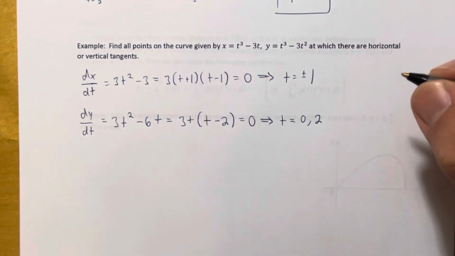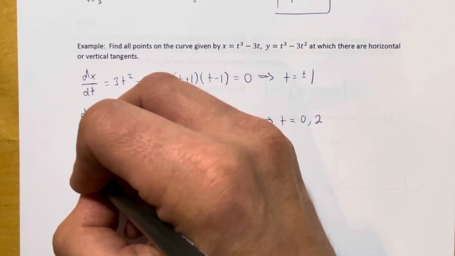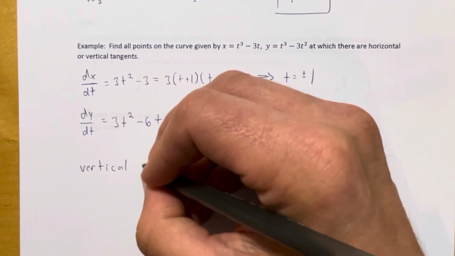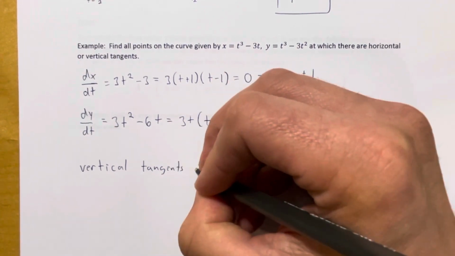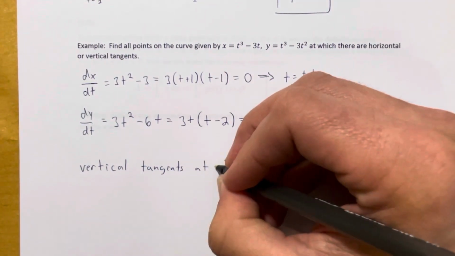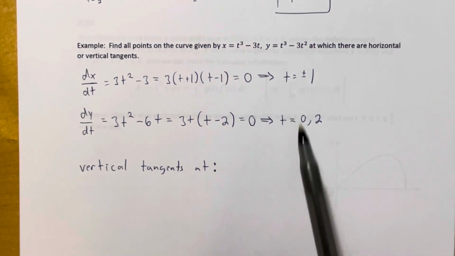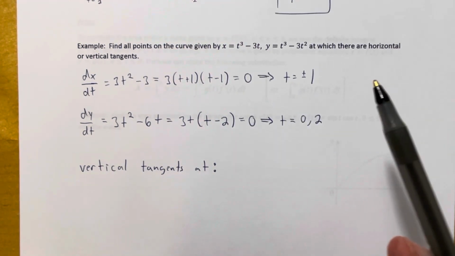Okay? So now, to find the points at which we get vertical and horizontal tangents, I'm going to say vertical tangents happen when t is equal to plus or minus 1. But neither of those are points. Those are parameter values.